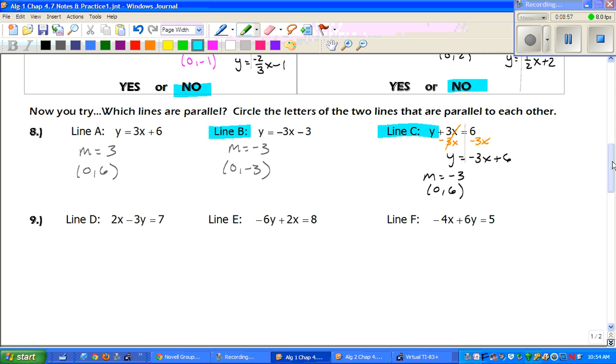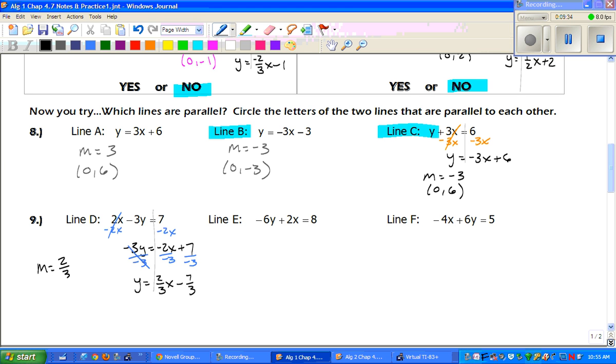All right, now for 9, we have to do the same thing. I'll do the first one with you guys, but then the other 2 you're going to have to figure out on your own. So we have to subtract the 2x from both sides. We get -3y equals -2x plus 7. And now we have to divide everything by -3. y equals, a negative divided by a negative is a positive, and we're just going to leave that as a fraction.